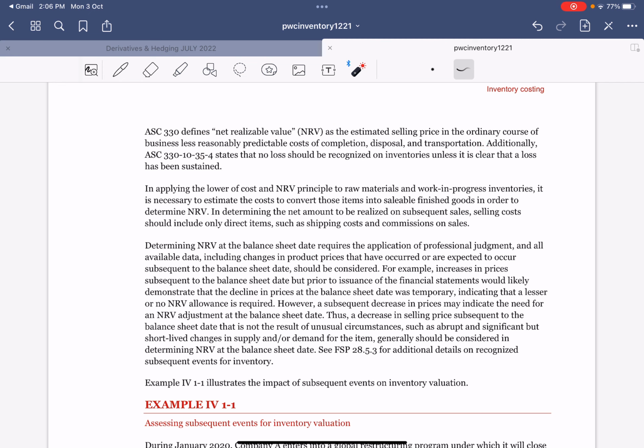Additionally, ASC 330 states that no loss should be recognized on inventory unless it is clear that a loss has been sustained. No loss should be recognized unless, it's a little confusing, unless it is clear that a loss has been sustained.